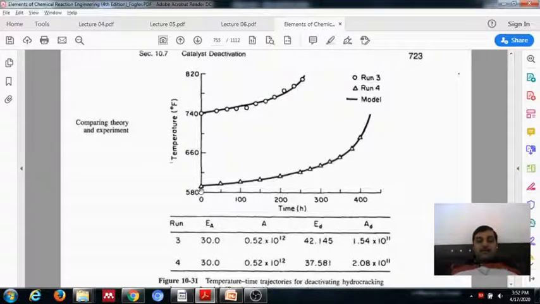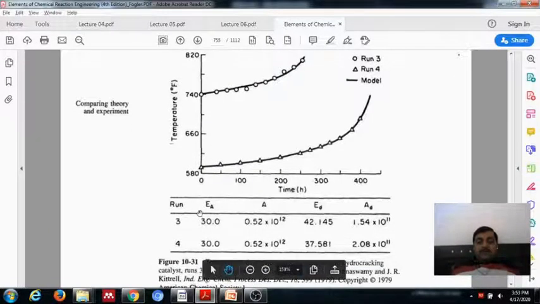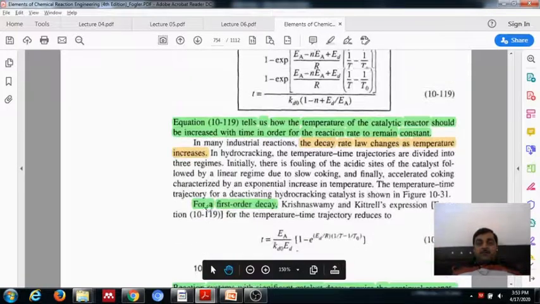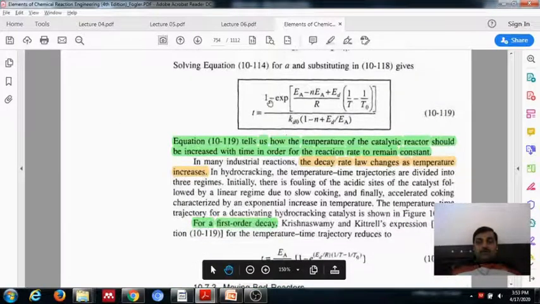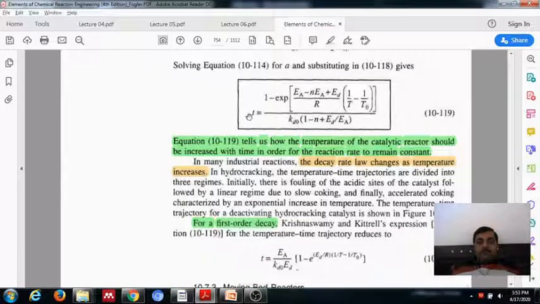When working at a lower one, this is being increased so that the work can go up to 400 hours. So that's how it is. You can play with the Ea, Ed, kd, and these values are given to you. If you can put those values here and make the decay, you will be able to get the temperature time trajectory.